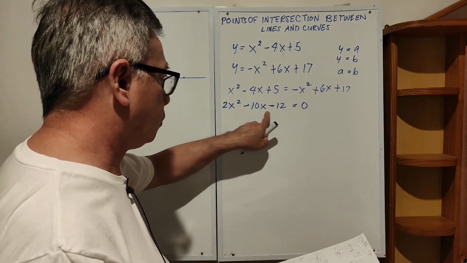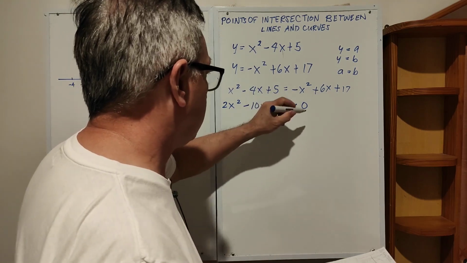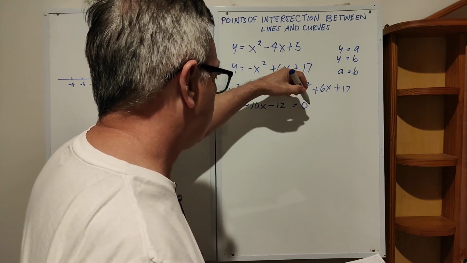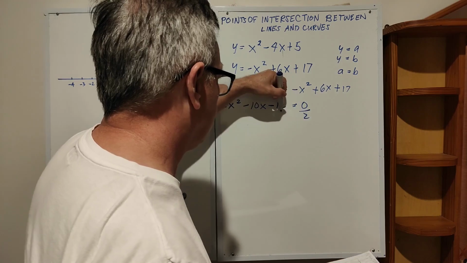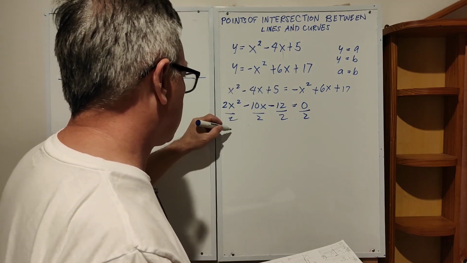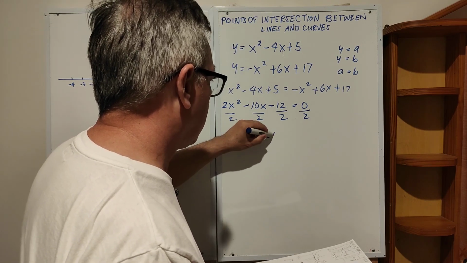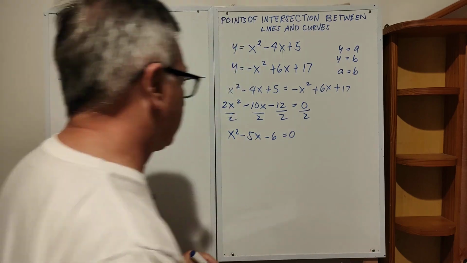We can simplify the equation by dividing everything by 2. So this becomes x squared minus 5x minus 6 is equal to 0.